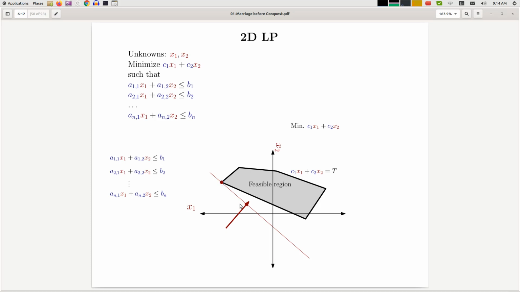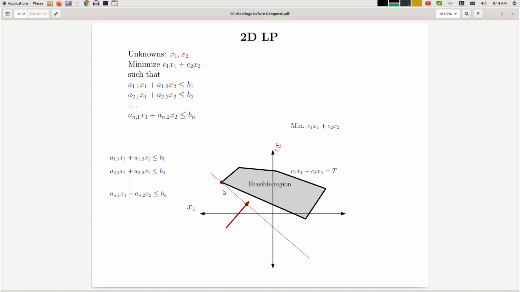It follows from the intuition that we covered, because since this is the first point hit by this ray, it follows that if I change t to t minus epsilon, then that does not hit the feasible region, by definition, or by the property that we just covered. So that's the way to model the objective function.